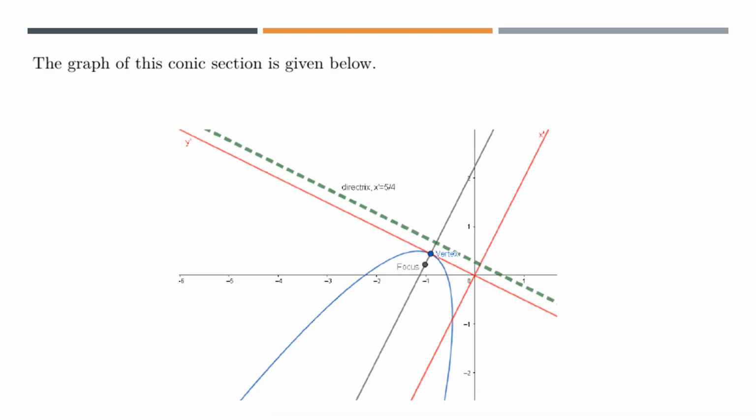And here's a graph of this rotated conic. So here is the directrix, and you may initially think, hey, that looks more like a slanted line, but remember, you have to look at it in terms of x prime and y prime, the red coordinate axes here. And this dashed directrix is parallel to the y prime axis, meaning that x prime is fixed at a number. The focus and vertex are listed here as well, and this is your diagram.